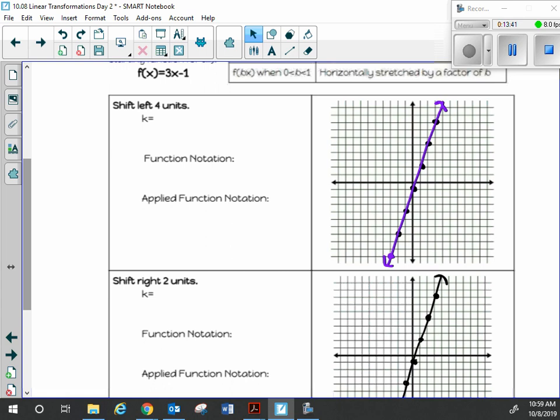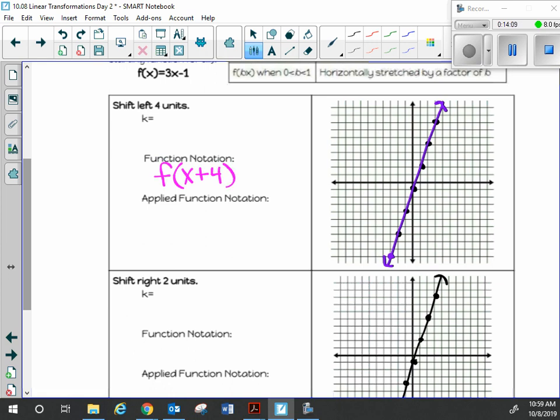Your initial go-to when you talk about shifting left would be subtraction, wouldn't it? Yeah, because we've always associated left with subtraction. But if I'm increasing my y-intercept, I'm actually going to be adding. So my rule is f of x plus 4.